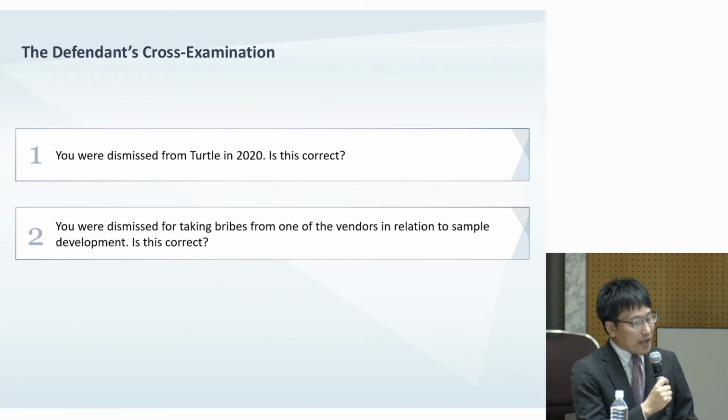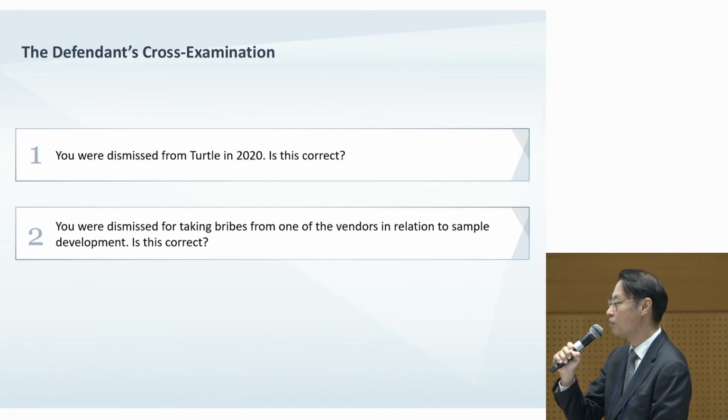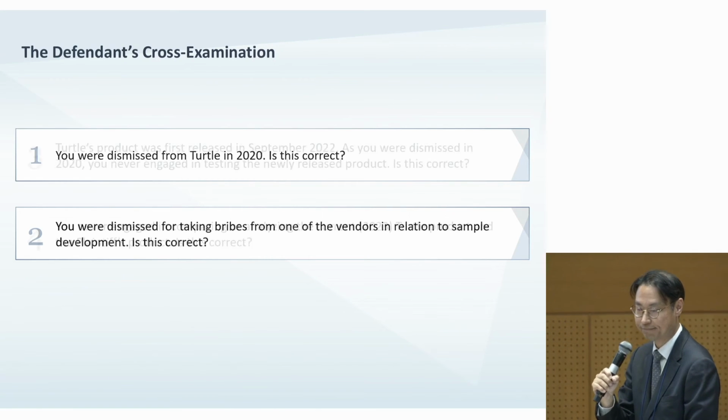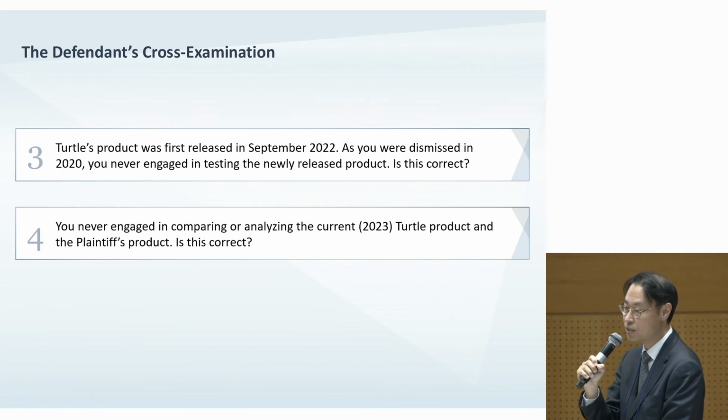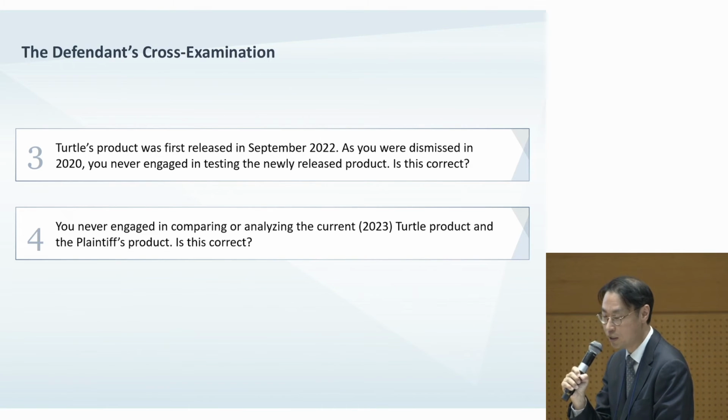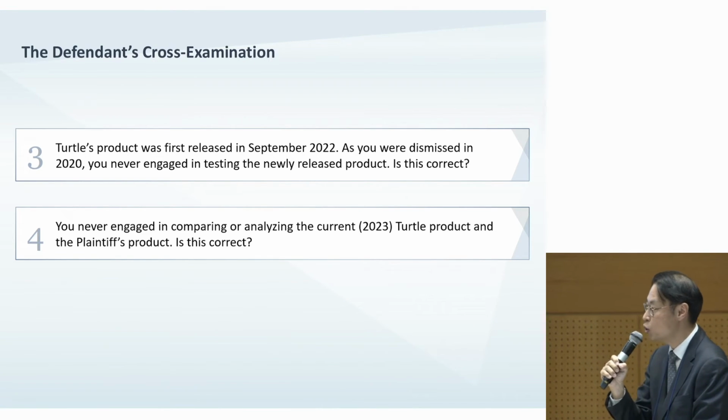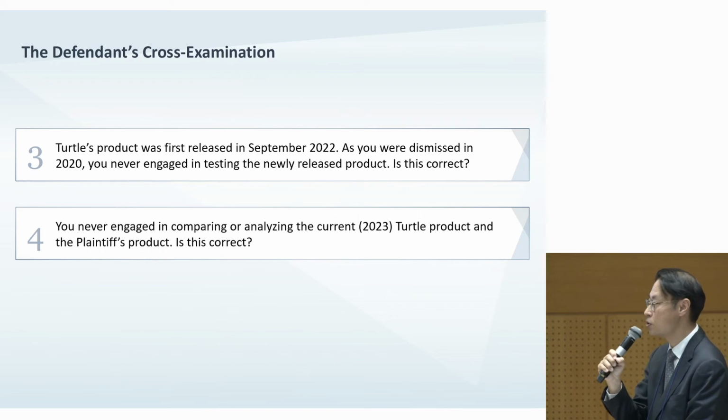Also, my testimony has nothing to do with that. I am telling you only the truth. But it is also true that you were convicted by the court. Yes. Okay. Third, Total's product was first released in September 2022, but you were dismissed in 2020.